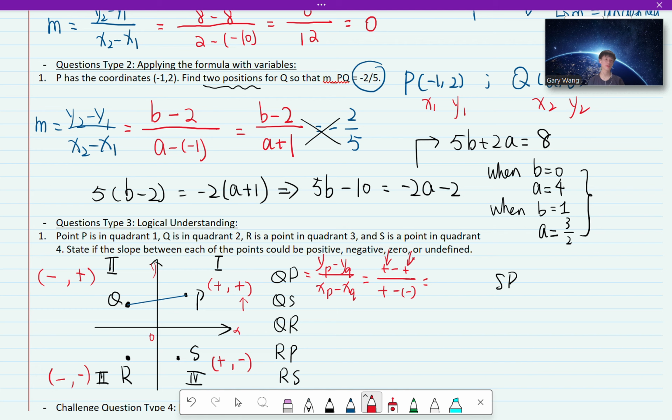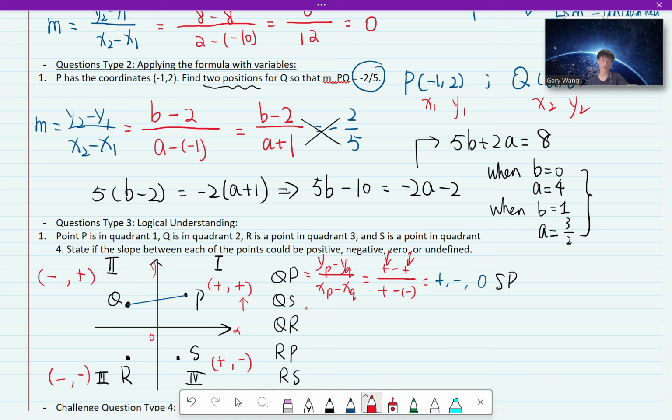On the bottom, positive minus a negative, so the result will definitely be a positive number. However, since the numerator could be positive, negative or potentially 0, this gives us a possibility of all three: positive, negative, 0.